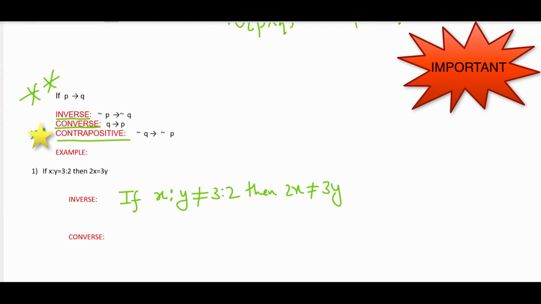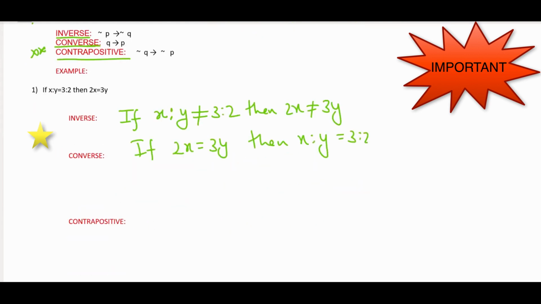For converse, I have to interchange their places. That means if 2x is equal to 3y, then x is to y is equal to 3 is to 2. But for contrapositive, I have to interchange their places and also negate them. That means if 2x is not equal to 3y, then x is to y is not equal to 3 is to 2.